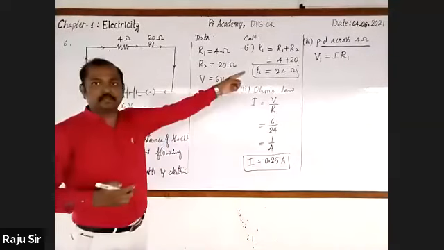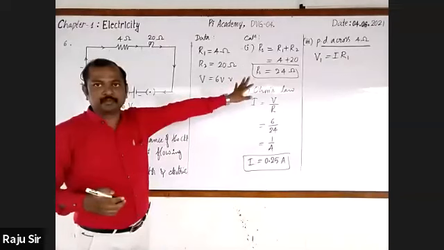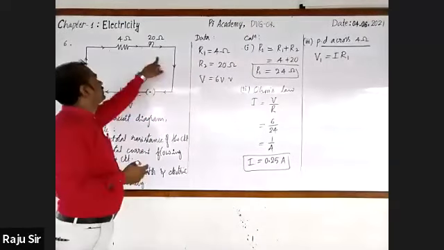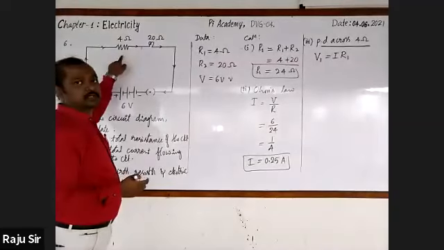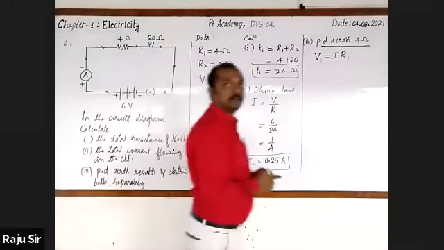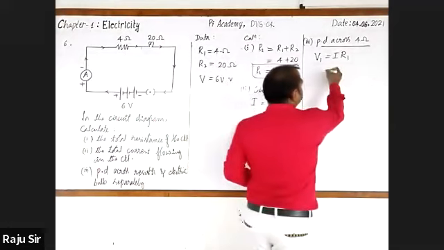The same amount of current is flowing, so we have written I. And the electric resistance of the resistor is 4 ohm. This is the first resistor. We have written R1. Let's go for substituting.